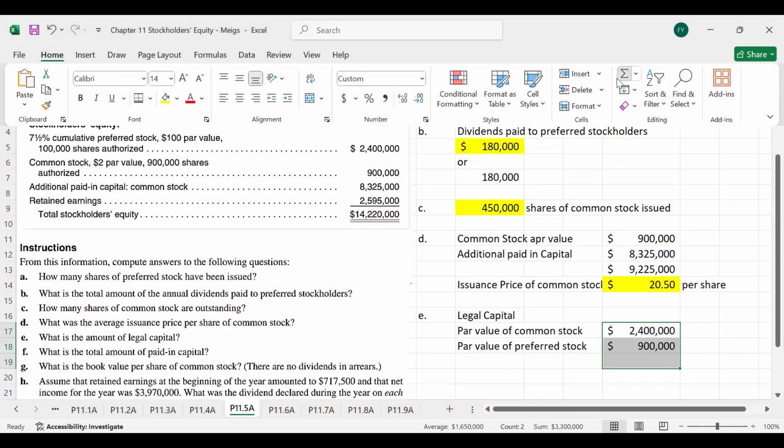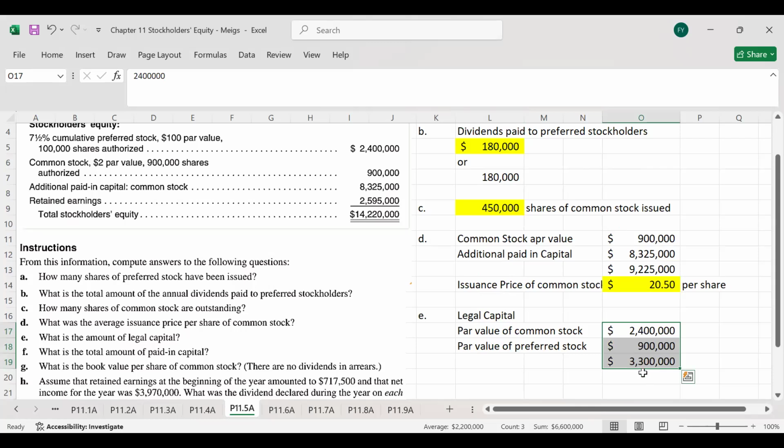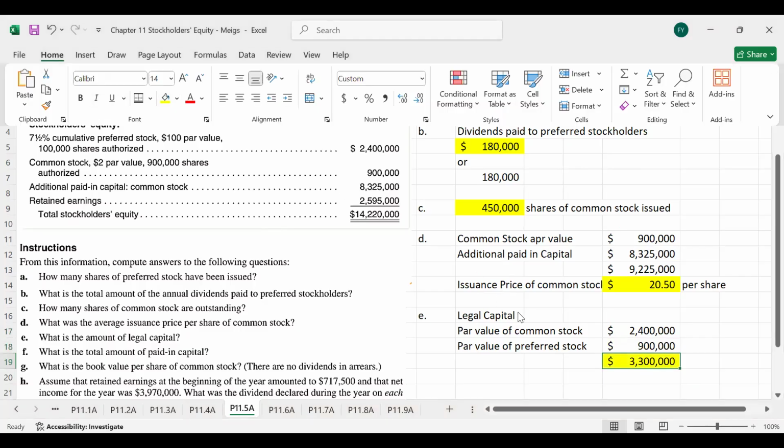And when we add, then this 3.3 million is your legal capital. So, whether common stock or preferred stock, by adding the par value of these two stocks, we get legal capital. So this was requirement E.